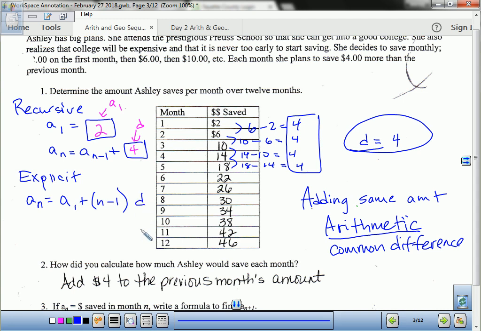And I think it was like number 6 was supposed to help you develop this formula. So you can find any term, not just the next one. You can find the 100th term or the 1000th term or any term you want in an arithmetic sequence using the explicit formula. All right, so that's kind of a review of the first little part. And those of you that want to write down these two formulas in one little spot to reference later, you sure can.